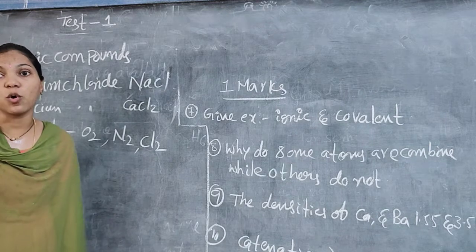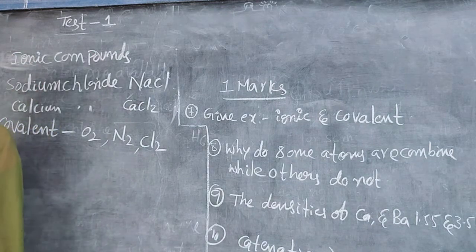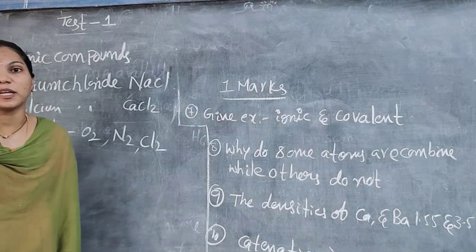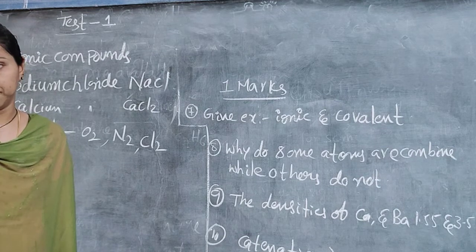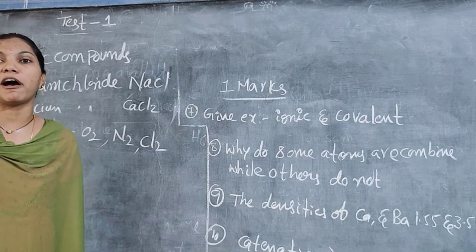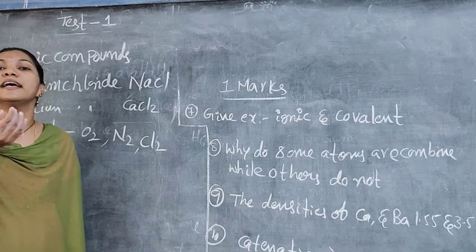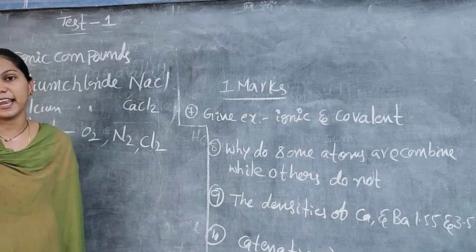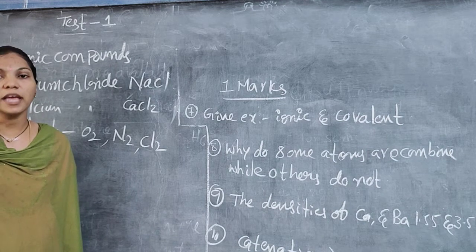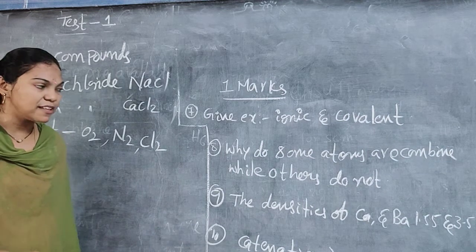Unstable atoms combine because they get stability. They are not involved in bond formation because they are already stable by having 8 electrons in their outermost shell. Okay, simply you have to write this answer for this question.